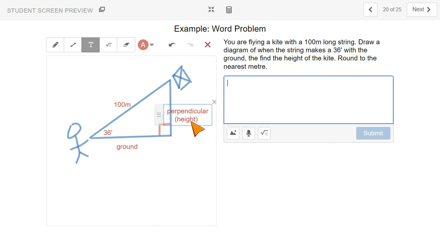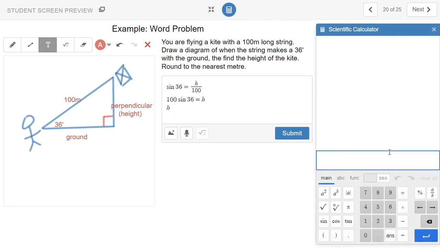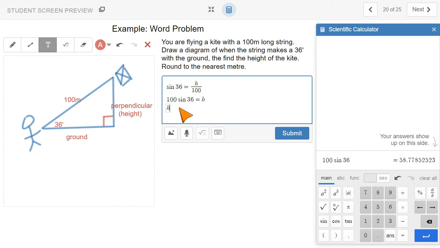Now, I'm interested in this, our opposite, and I'm given the hypotenuse. So I'm going to use sine. Sine 36 is equal to the height over 100. 100 times sine 36 is equal to our height.